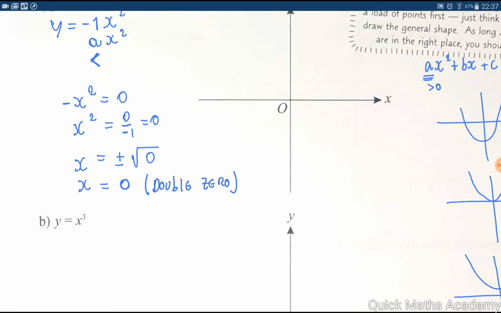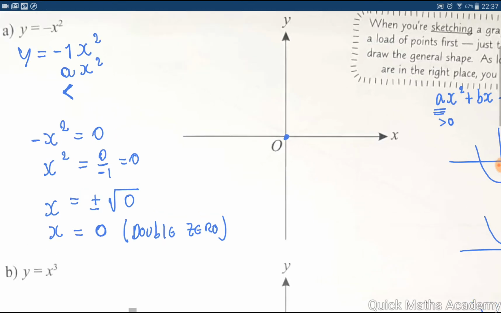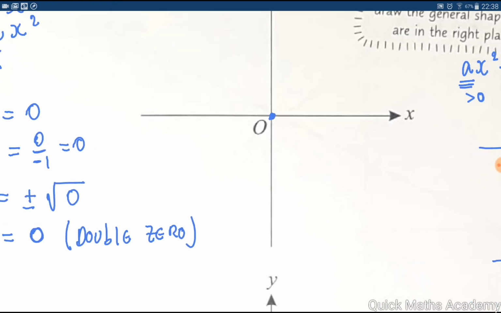It's only one value. So my parabola touches the x-axis at this point here, and I know that this is the only zero, and I know that it's facing down. So my parabola can only be something like this, guys.